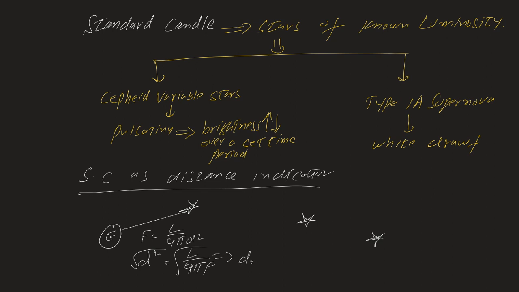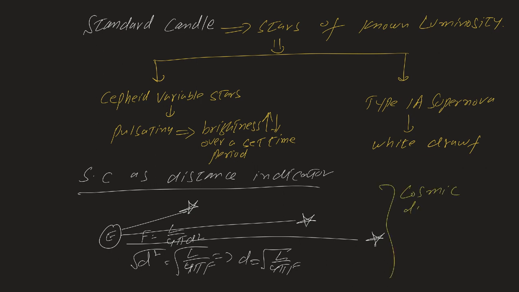D is equal to square root of L over 4 pi F. So in this way we are able to calculate the distance of different standard candles from the earth, and we are able to plot the cosmic distance ladder, and it will give us a large picture of the universe.